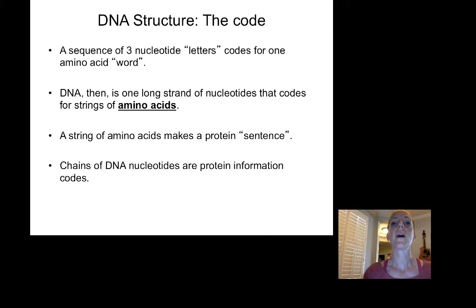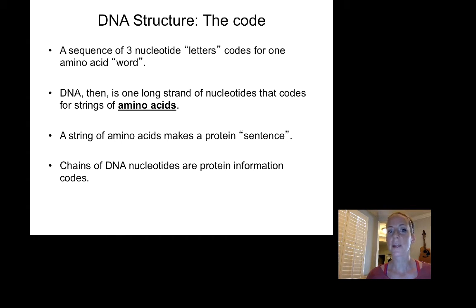So all of these nucleotide letters, the A, G, T, and C, make up the code of DNA. And this is the way that the code works. A sequence of 3 nucleotides codes for 1 amino acid. And remember that amino acids are the building blocks of proteins.